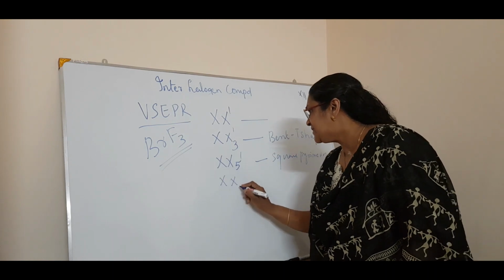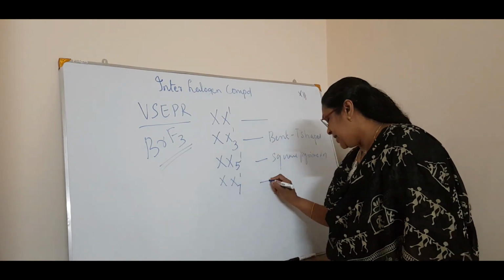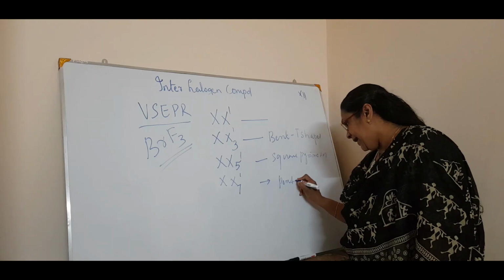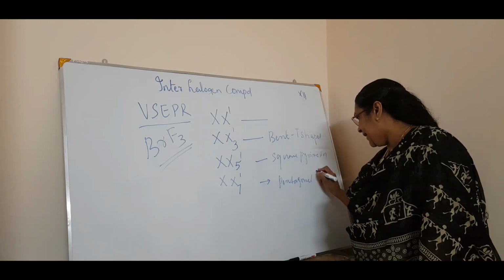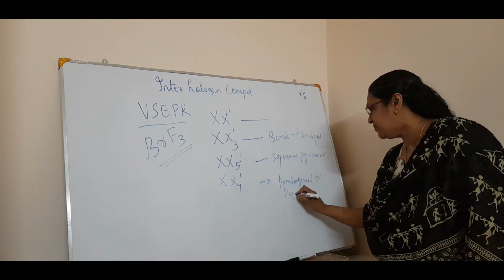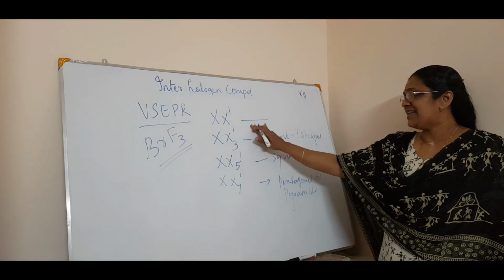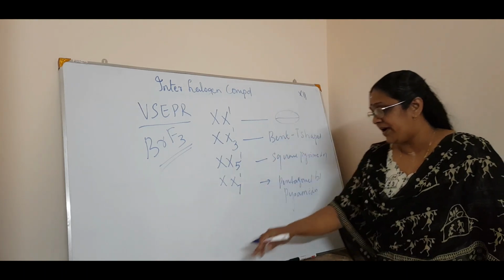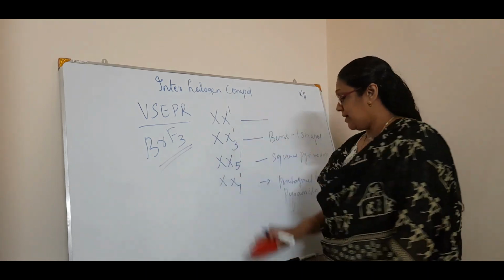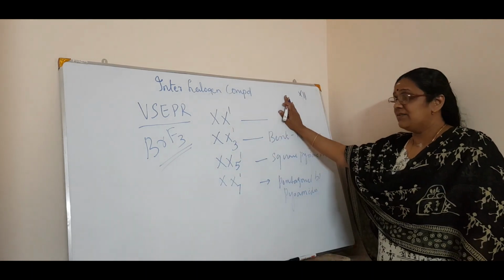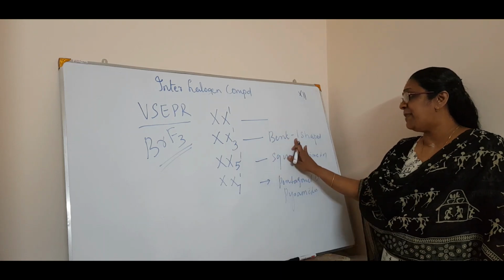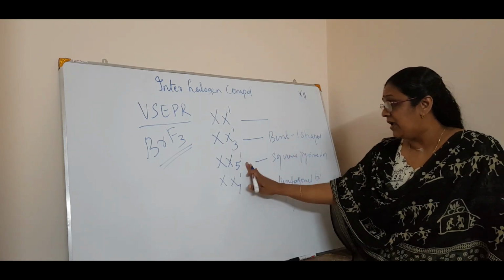And the last one is XX'7. It is a pentagonal bipyramidal structure. Just to keep in mind. Okay. So for XX', the shape is not predicted; it is linear. Then XX'3 is bent T-shaped or trigonal bipyramidal.